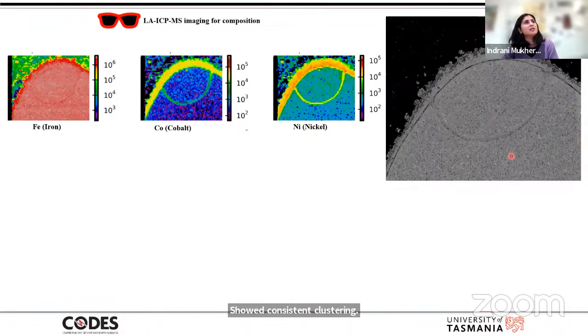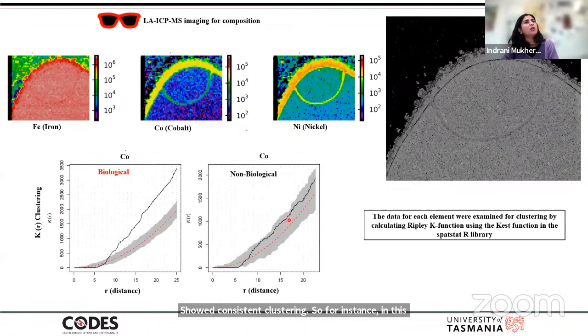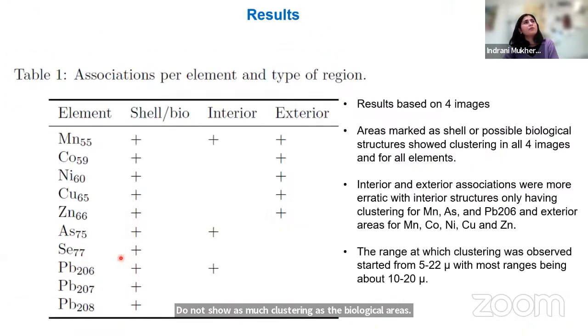So for instance, in this case, if you look at iron, cobalt, and nickel, we see that the non-biological areas do not show as much clustering as the biological areas. So we've done that on lots and lots of samples, and we almost always see that the biological areas have far more clustering than the non-biological areas.